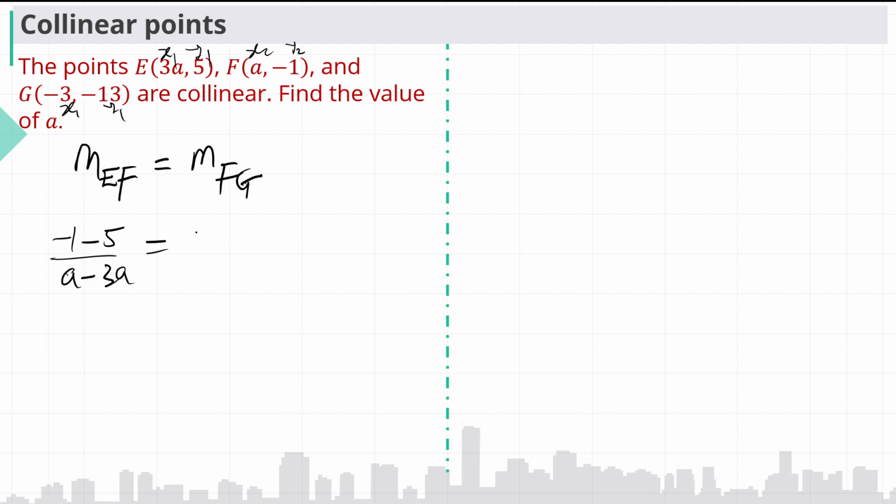So for right hand side, we get y2 minus y1 divided by x2 minus x1.